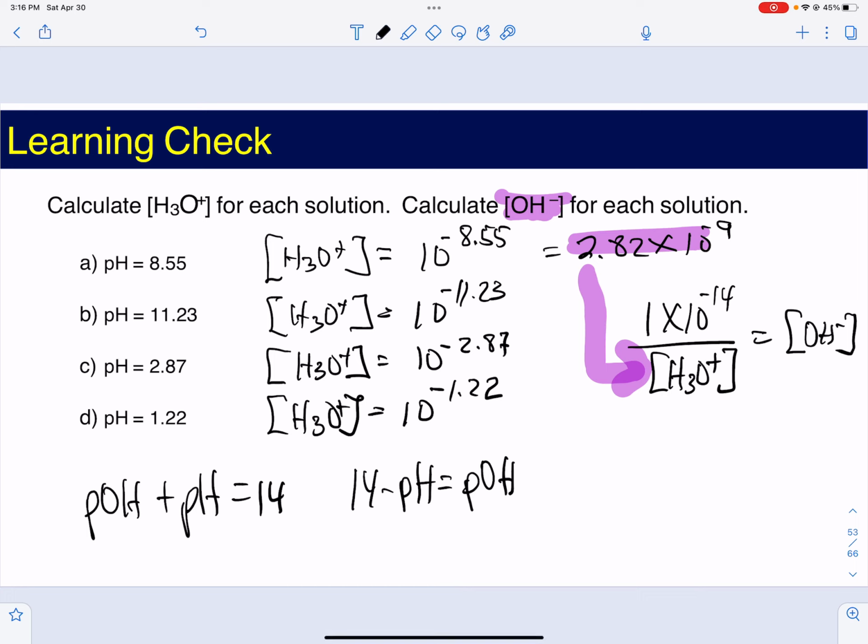So my first one, 14 minus 8.55 is going to give me 6.45. Actually, no, 5.45.